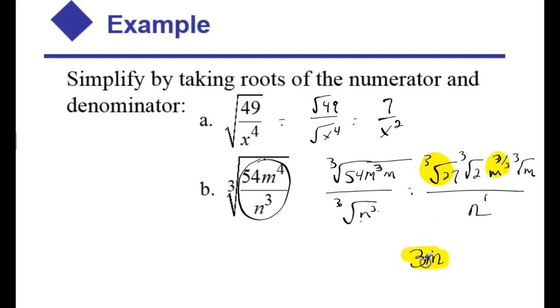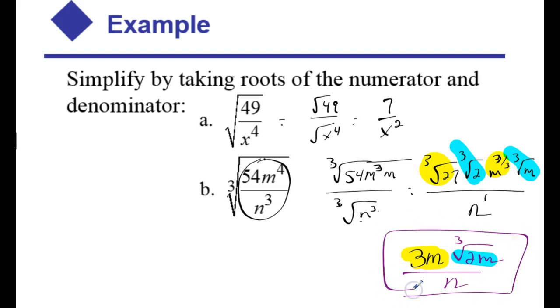So these are my yellow terms, and then my blue terms I can't do anything with, so I'll put those back together because those are apart. And again, the rule is if it's apart, we'll put it back together. All divided by n. So I'm pulling apart, putting back together.